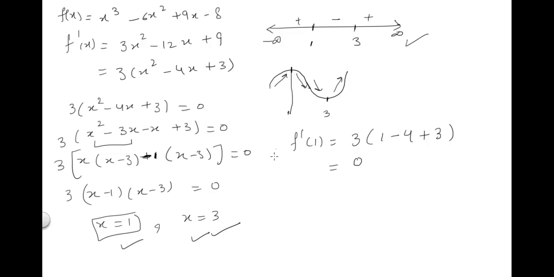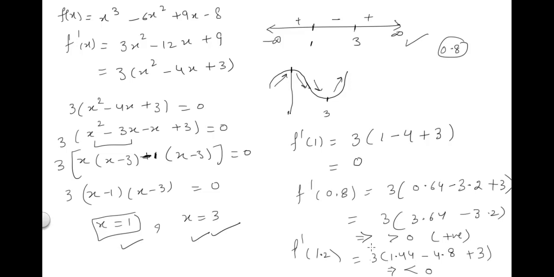Now from a value which is a little smaller than 1, let us take it as 0.8. So at 0.8, when we put it in our differentiated function, we are going to get a value which is greater than 0. I have placed 0.8 in place of x, and then I tried to place 1.2 in place of x.